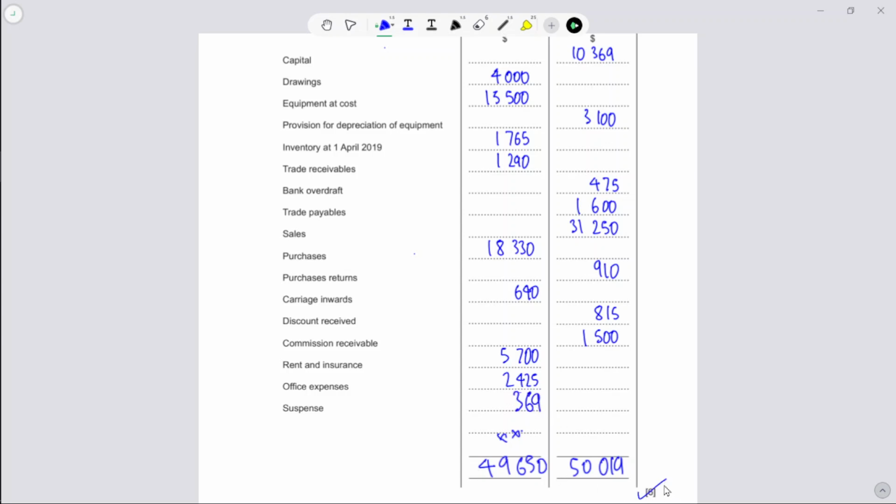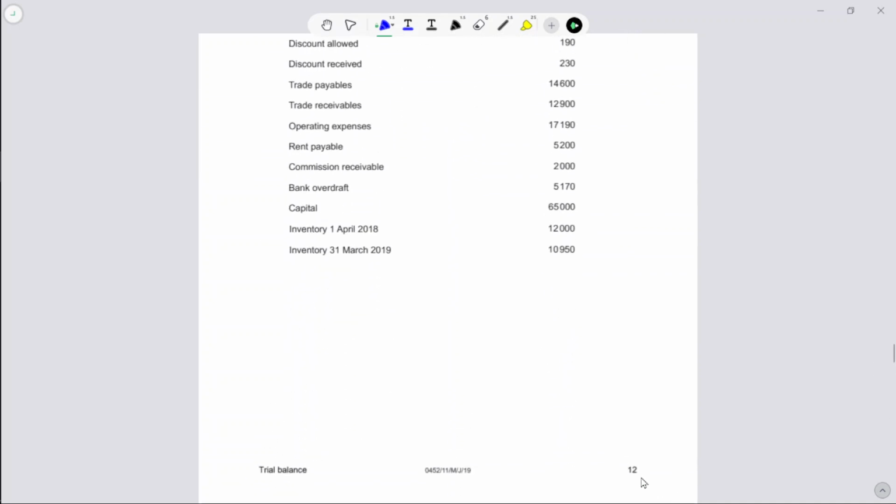So this one is correct according to the marking scheme. Don't forget to also adjust the other figure to become 5001. Both balance, so it's correct. Now let's go to the next question, page 12.